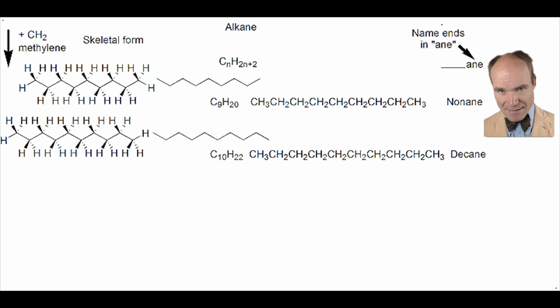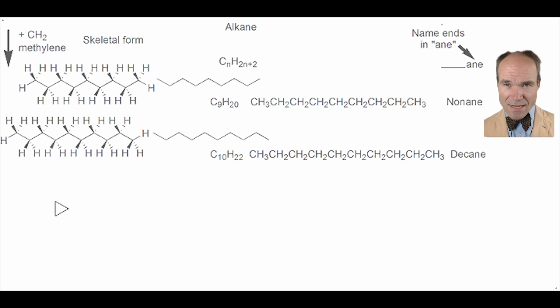We have ane telling us it's an alkane, and in the middle we still need to know how many carbons are present. At the beginning we are going to use the term cyclo. That tells us it's a ring. So here on the left we have cyclopropane with 3 carbons and 6 hydrogens.